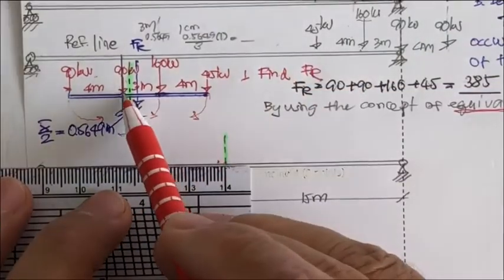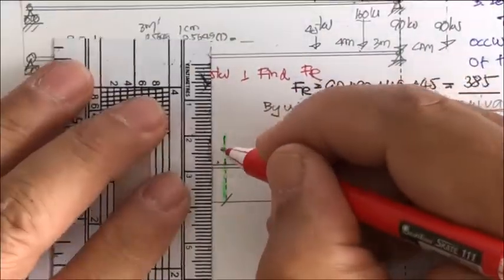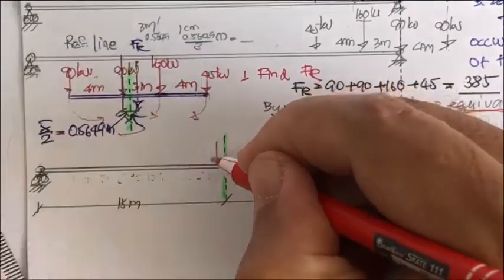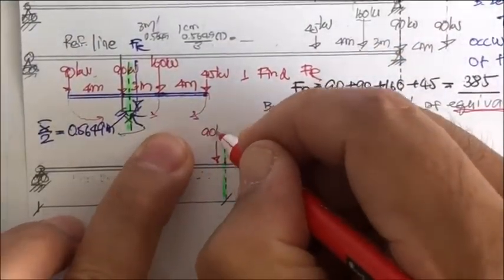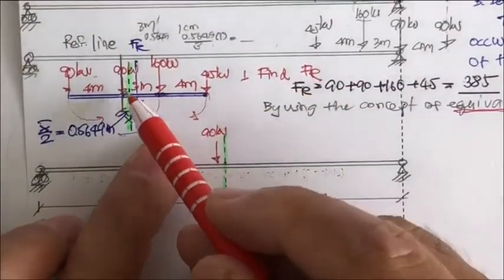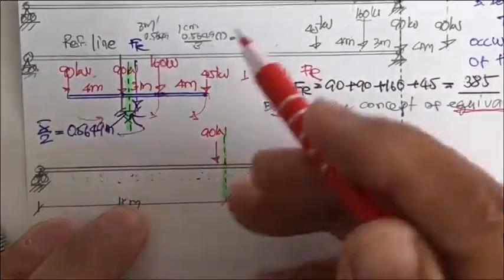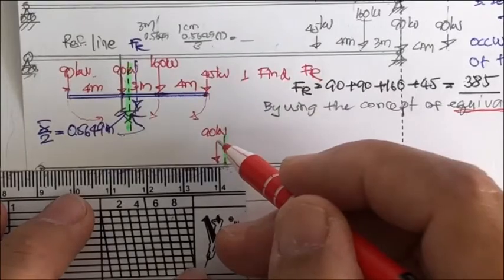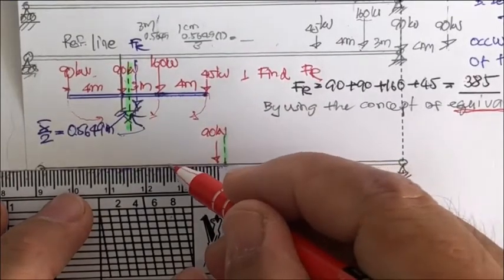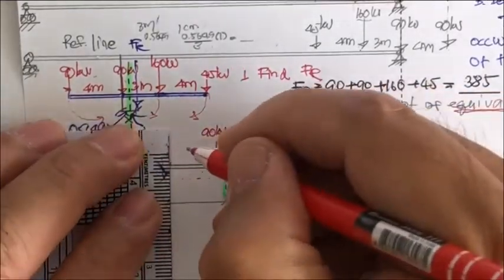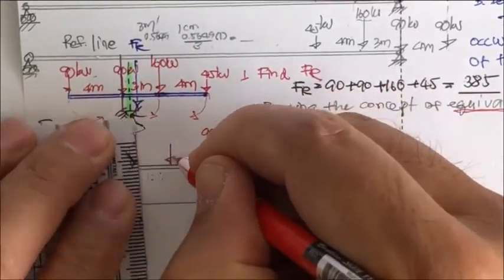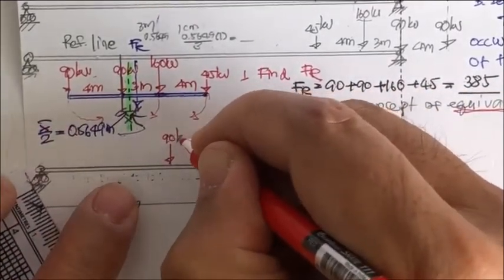Okay, the 90 kilonewton is going to be here. This 90 kilonewton is on the reference line. And then you move another 4 meters, so that is about 13 millimeters. And then you get another 90 kilonewton.